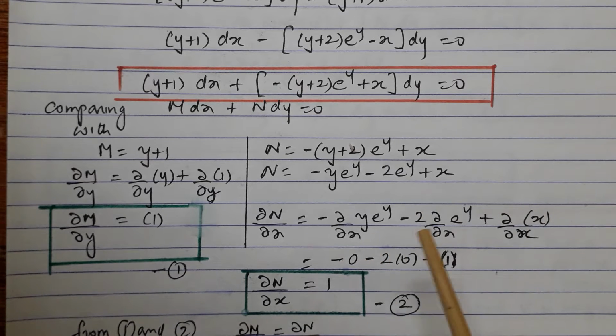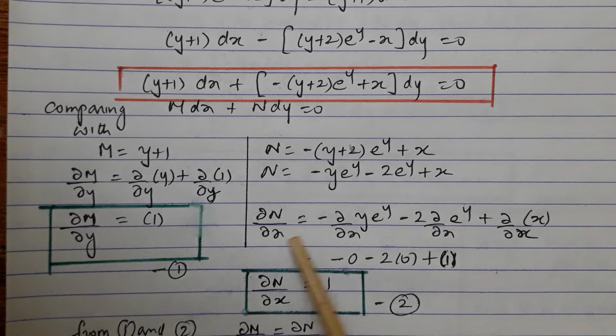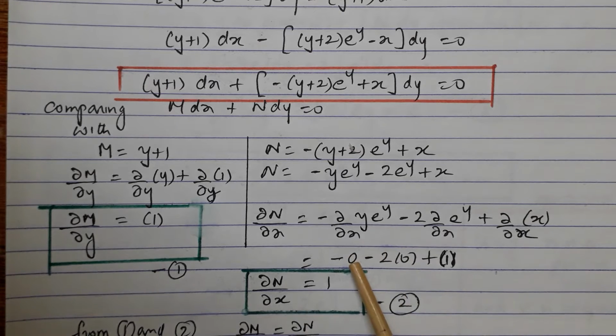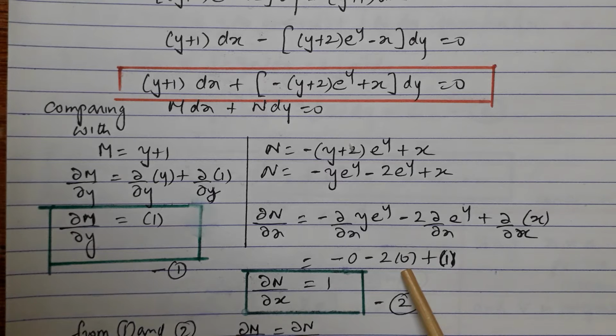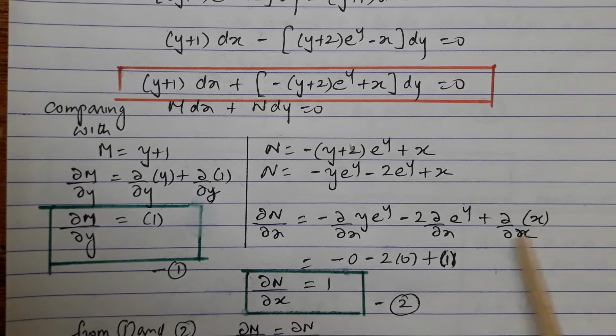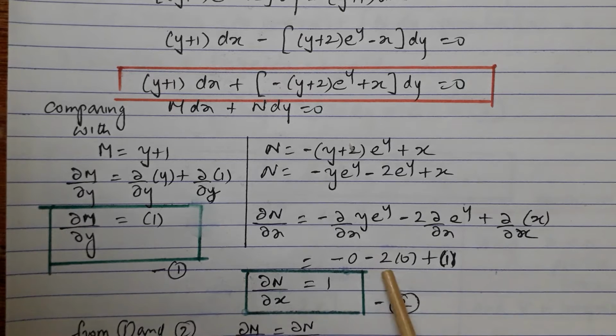Now whenever we are partially differentiating with respect to x, we treat y as a constant. So derivative of y into e raised to y is 0, derivative of e raised to y is 0 and derivative of x is 1. So this would be minus 0 minus 2 into 0, which is 0, plus 1.